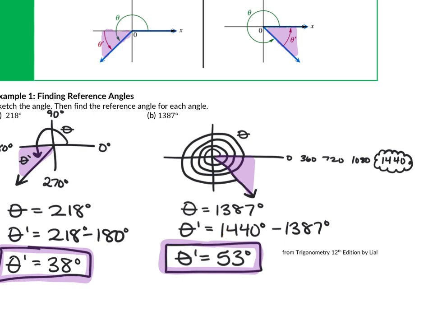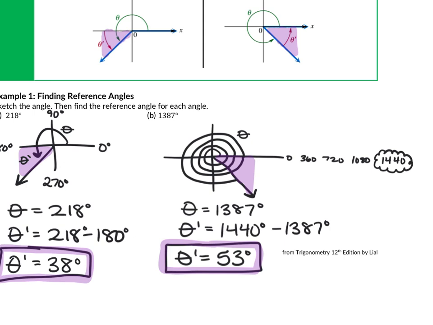Because that's how many revolutions you're in. We had to keep going. So I don't want to stop at 360 because I had to keep going 3 times. To finish out the 4th circle around here, it would take 1,440 degrees. So I'm using this multiple of 360 to subtract my theta instead of just 360 minus theta.